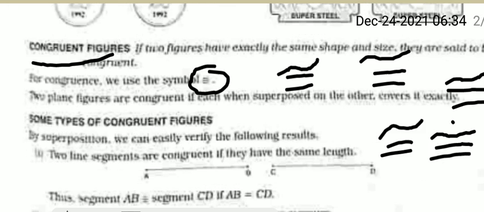It is an equal sign with a curved line, and the upper one is somehow curved. These are all congruence signs. Two plane figures are congruent if each, when superposed on the other, covers it exactly. Then we can say that these two figures are congruent.